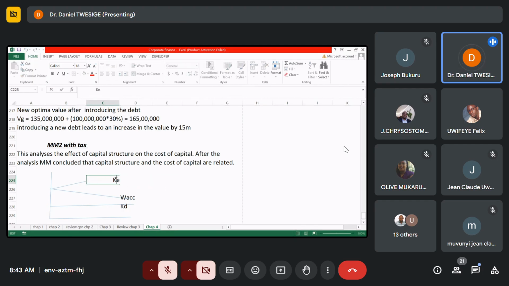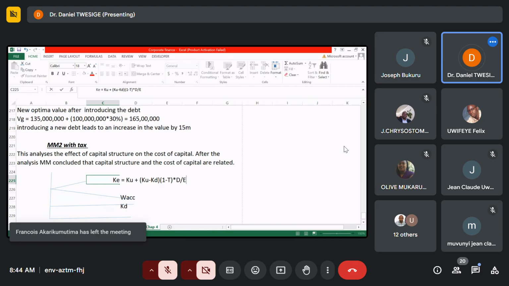And our KE, if you remember in MM2 without tax, we said it is cost of ungeared plus cost of ungeared minus cost of debt times the debt tax shield, which is 1 minus T, times D over E. It's almost similar to what we saw in MM2 without tax.